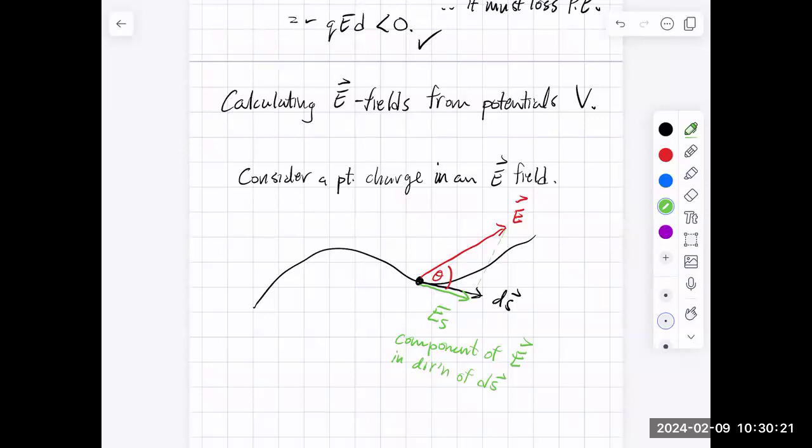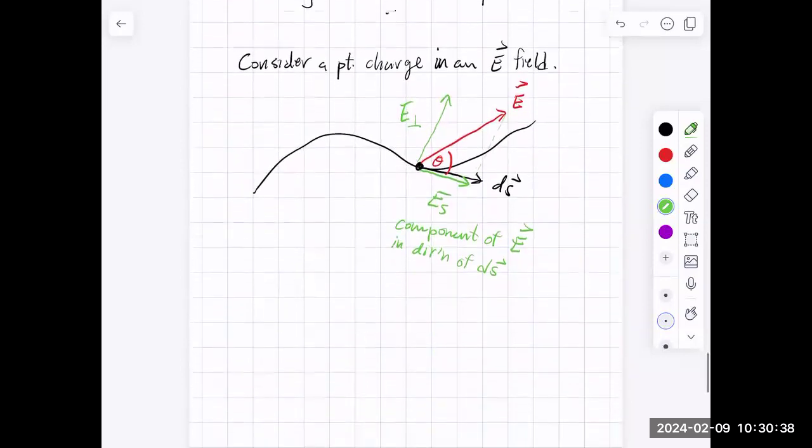And then there's another component that is something like this, and I'll just call this one E perpendicular. Turns out we're not going to be interested in E perpendicular. For the argument that we're about to make, it's this E sub S component that we want to focus on.